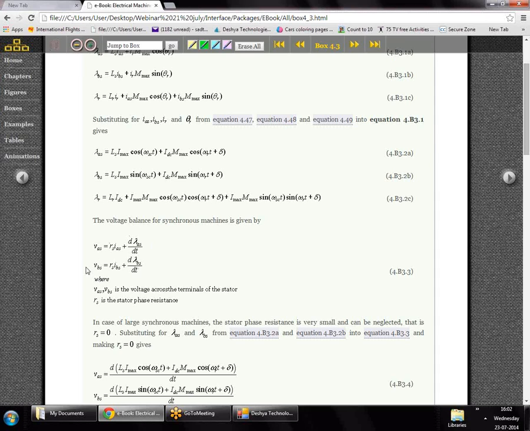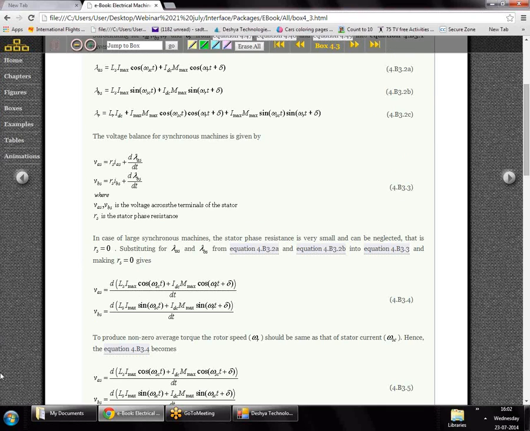Now if I assume that my large synchronous machine has a negligible stator phase resistance, I can replace this R by 0, so I can neglect my stator resistance.